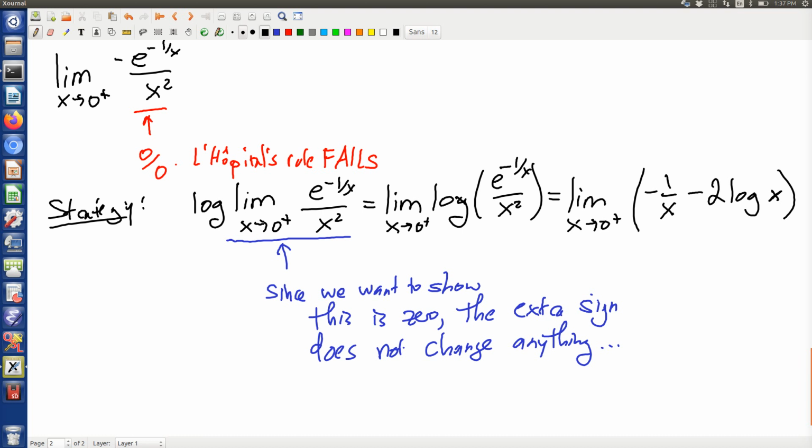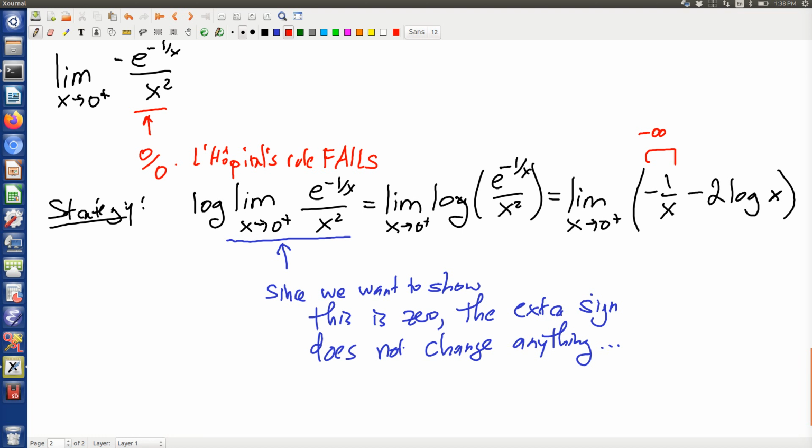And so the question is, well, what do we do with this? What's the limit of this thing? Well, try to put in x going to 0 from above. The first guy goes to minus infinity, as it did before. No problems there.